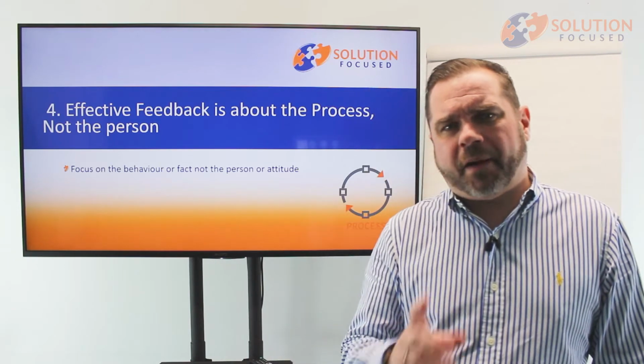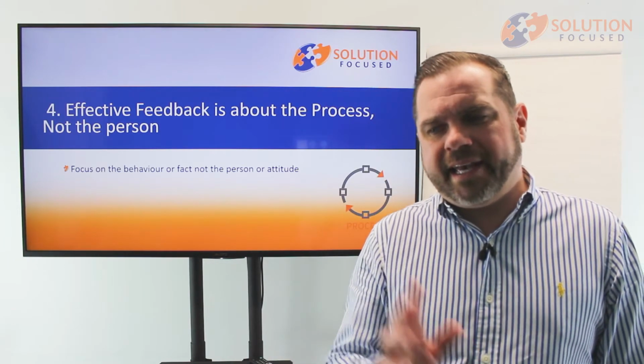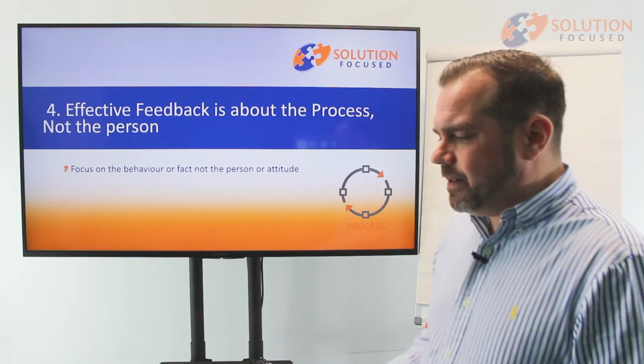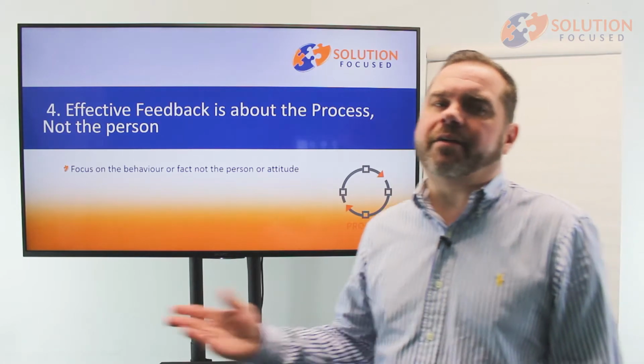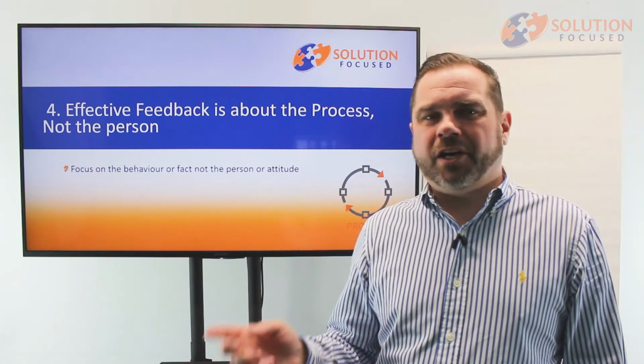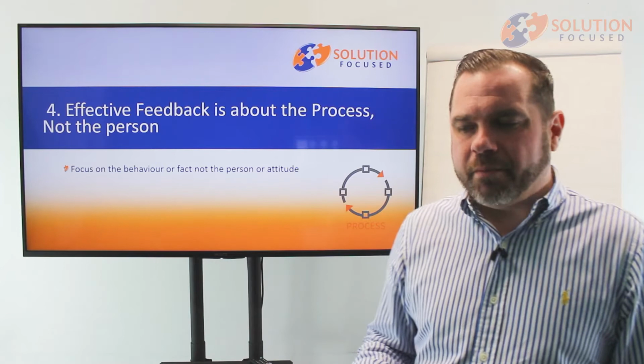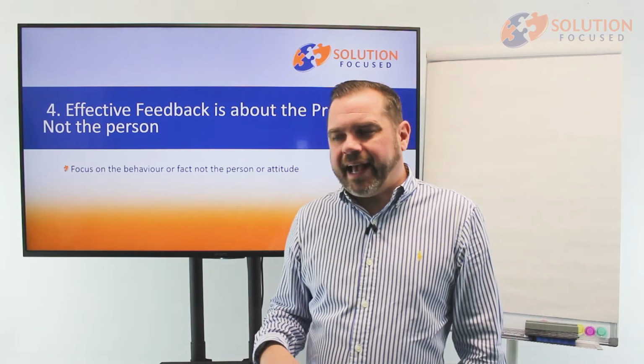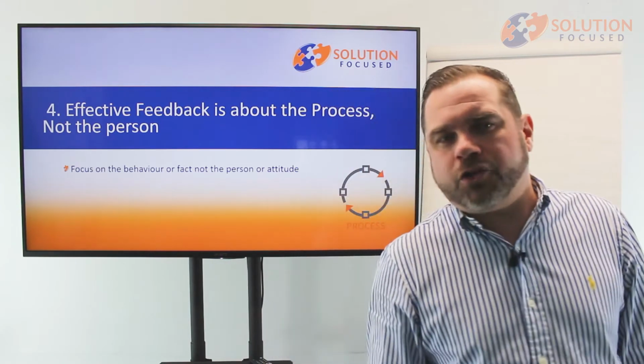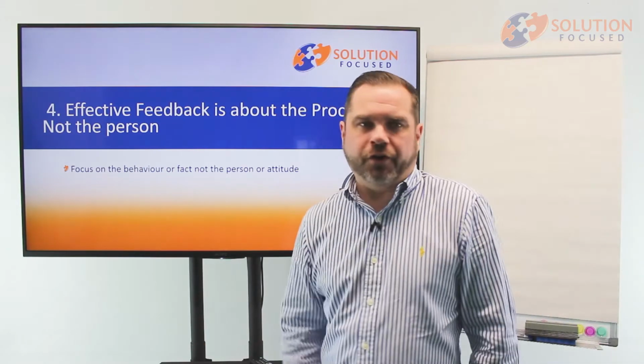If you're going to give feedback on attitude, you try and get as many of your ducks in a row as you can. What I mean by that is try and look at the output of their attitude. Okay, so you can't measure the attitude, but you might be able to get some near factual things on the output of their attitude.